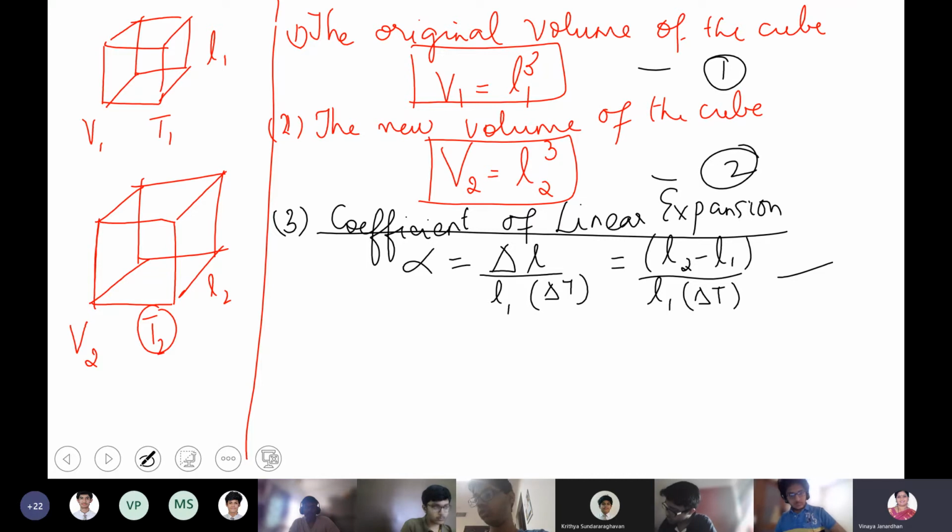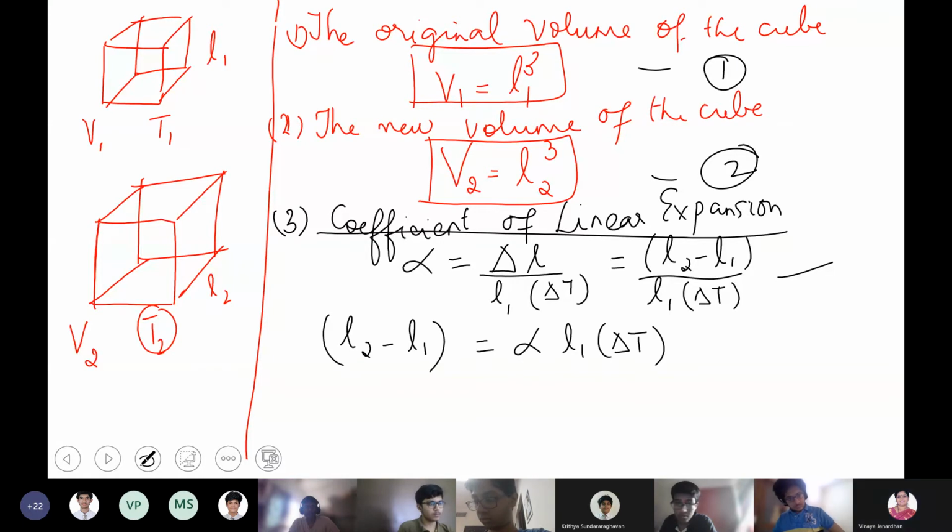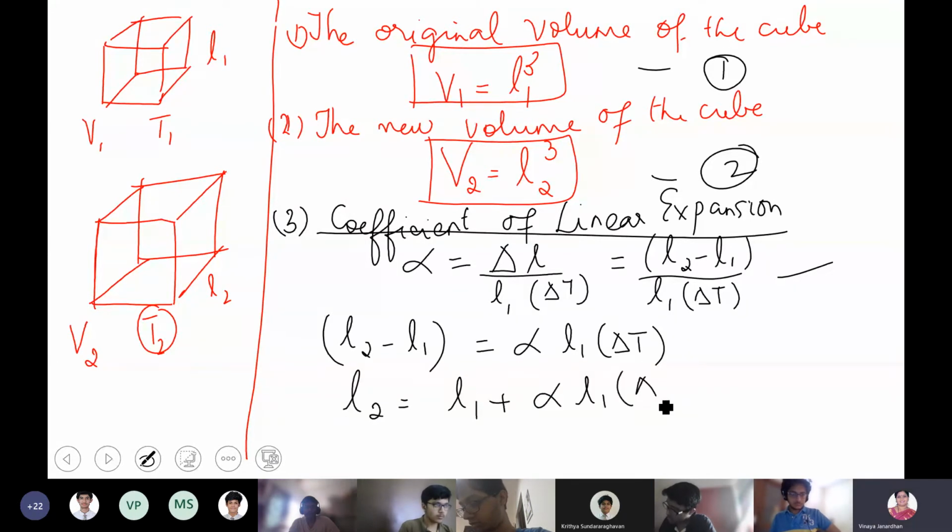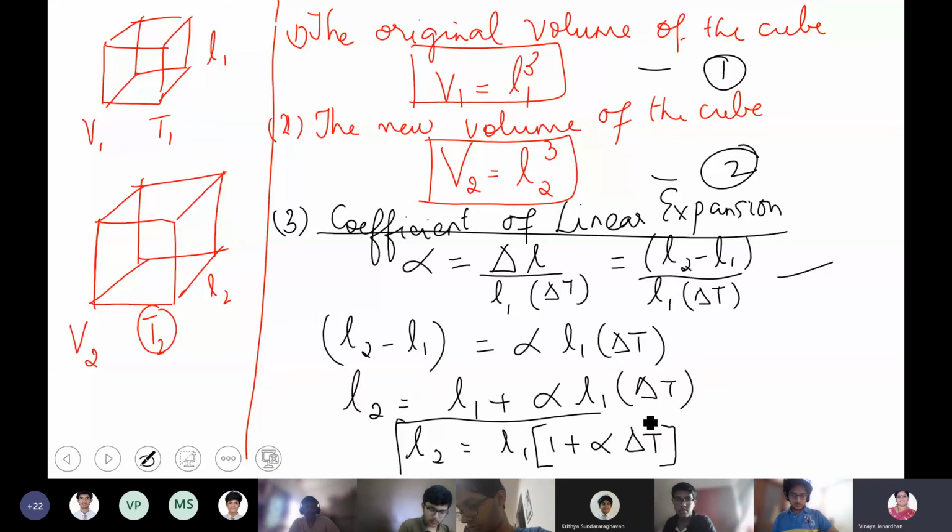If I cross multiply, L2 minus L1 will be equal to alpha L1 into delta T. So L2 will be L1 plus alpha L1 into delta T. I'll take L1 common: L2 equals L1 times 1 plus alpha delta T. Is that fine, boys? Are you getting this? Yes, ma'am.